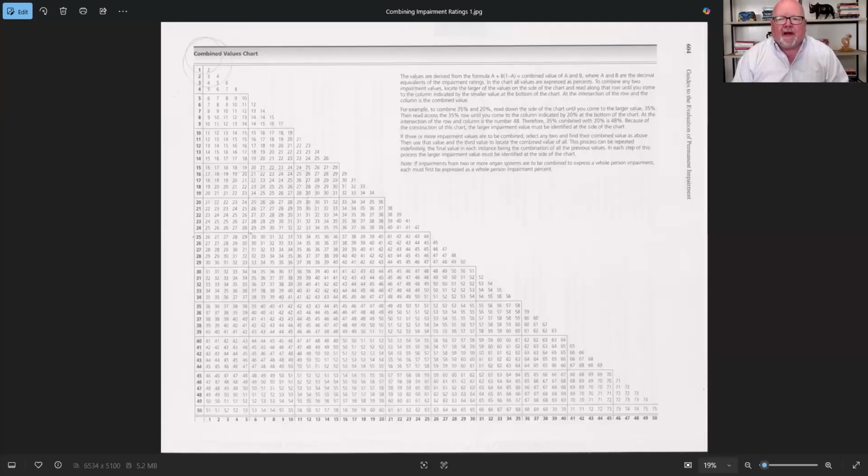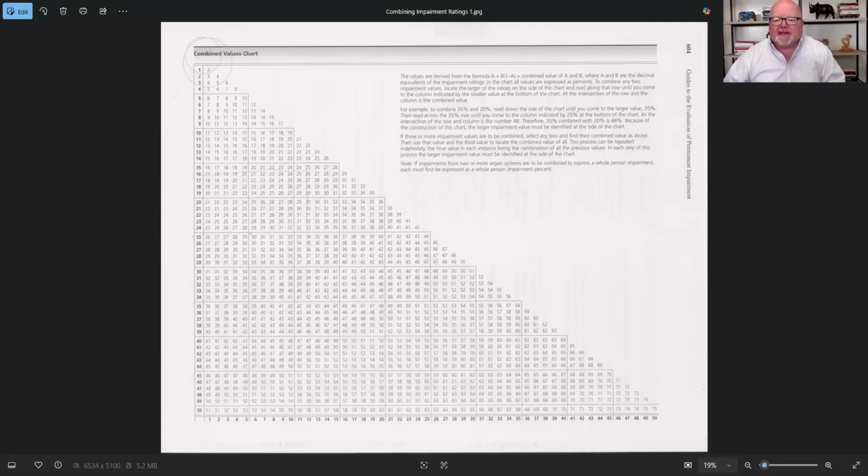Just be aware in the AMA impairments, when we say combining, it's a very different meaning than adding. And there's a very different meaning between whole person or a partial, okay? So just be aware of that. We always want to finish with whole person and a final number that's been combined, okay?